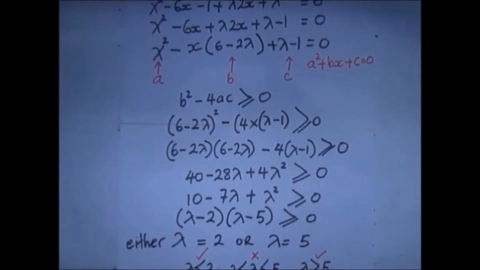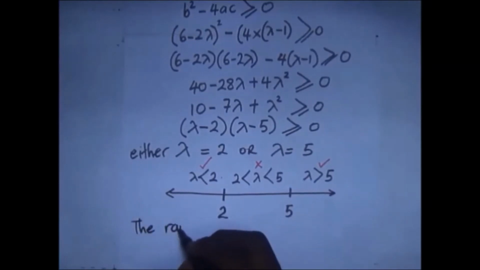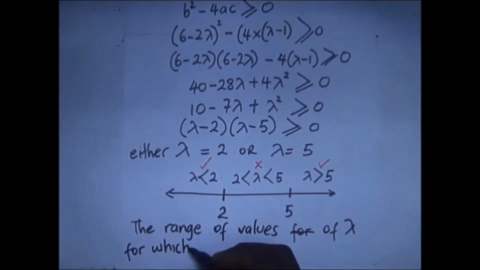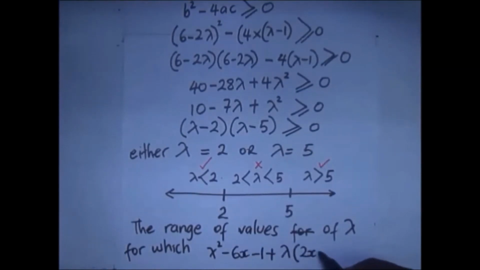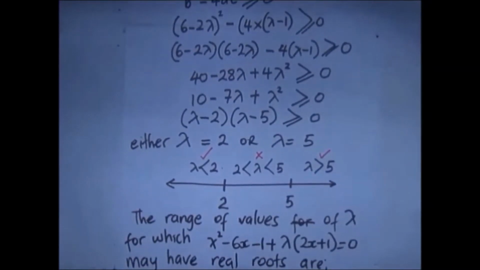It means that now we conclude by saying that the range of values here are simply lambda is less than 2, and also lambda is greater than or equal to 5.